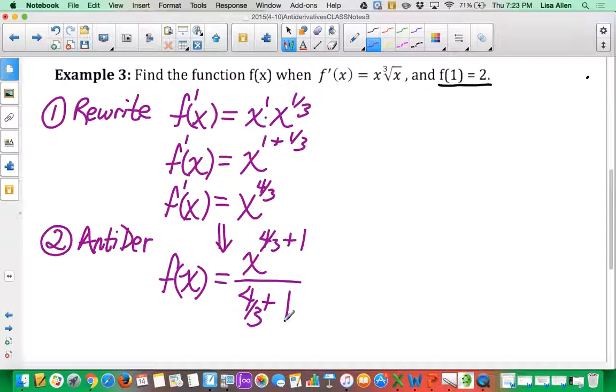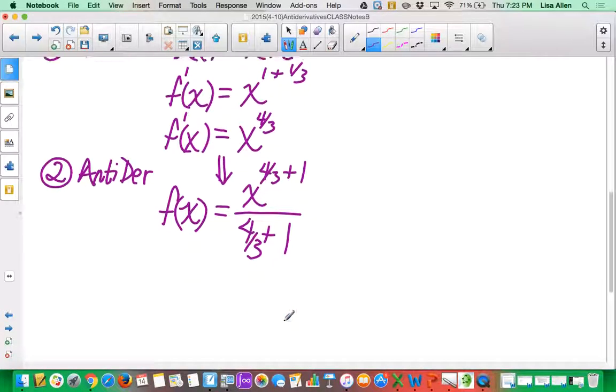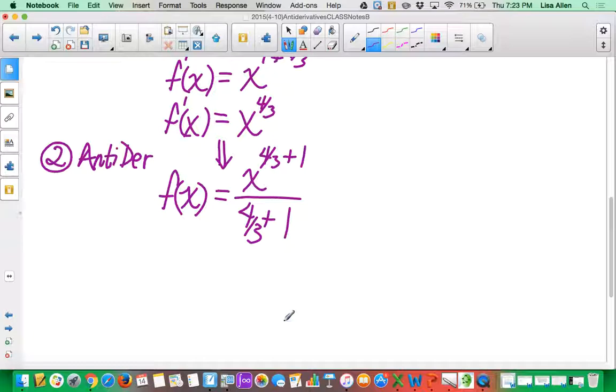So we end up getting x to the 7/3 because 1 is, of course, equal to 3/3. So you get f of x is equal to x to the 7/3 over 7/3.